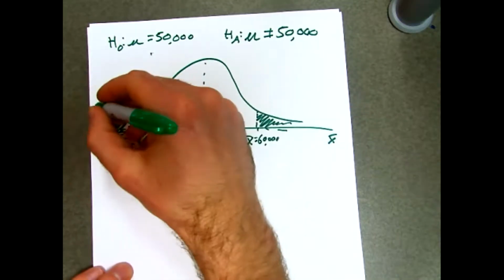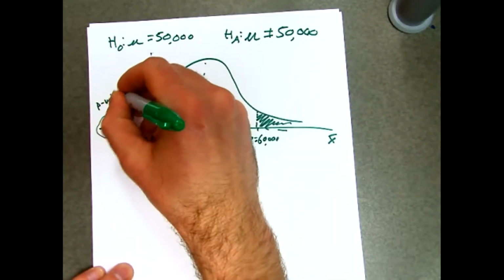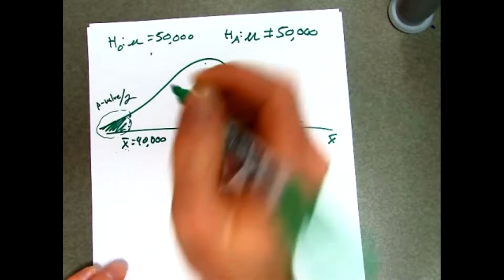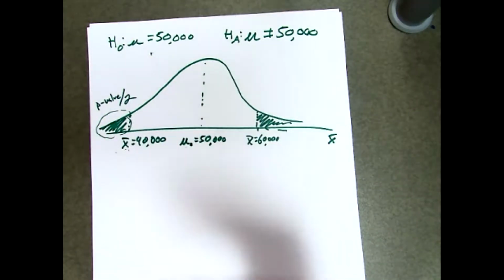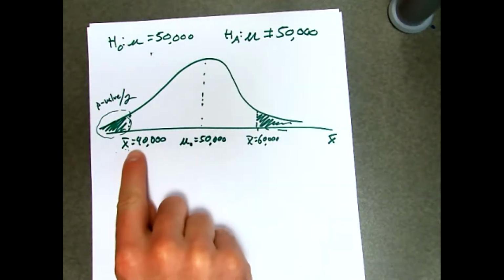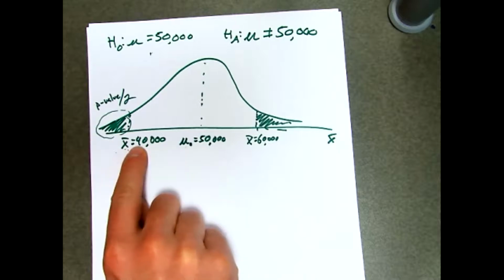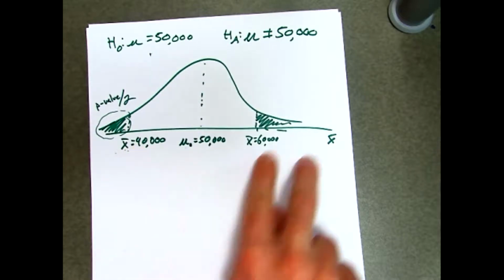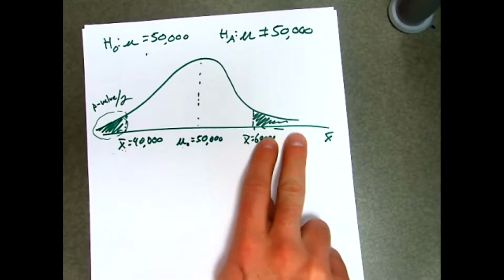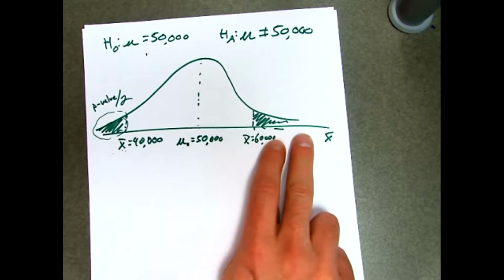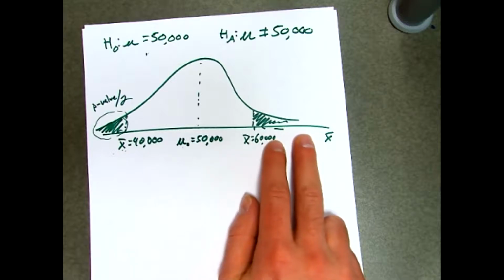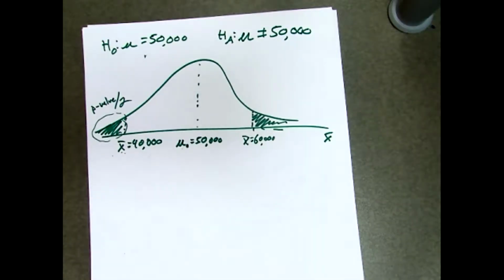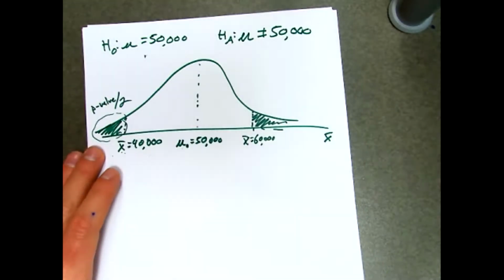But this area only represents half of my p-value, because it was equally as likely from that one sample for me to see something as far away from that assumed true mean that would have also gone against the null on the other side of the distribution. Now, I don't see that because I'm only taking one sample, but I know it was equally as likely for me to see something on that other side, and that would have gone against the null.